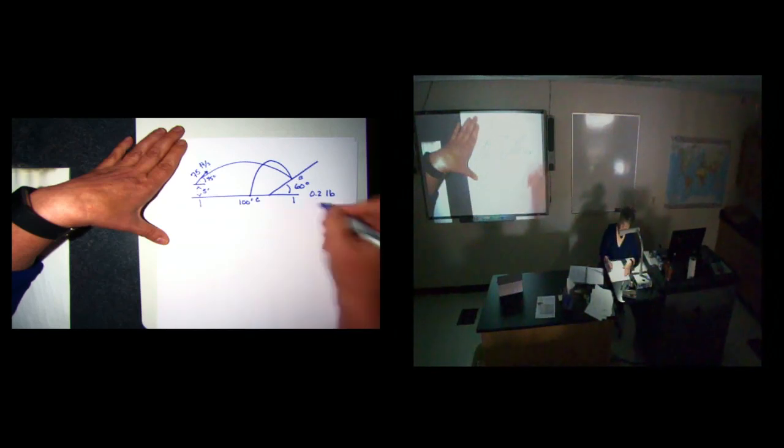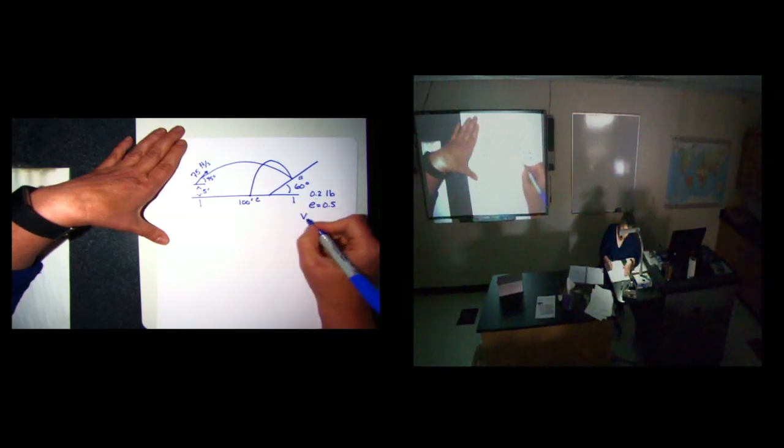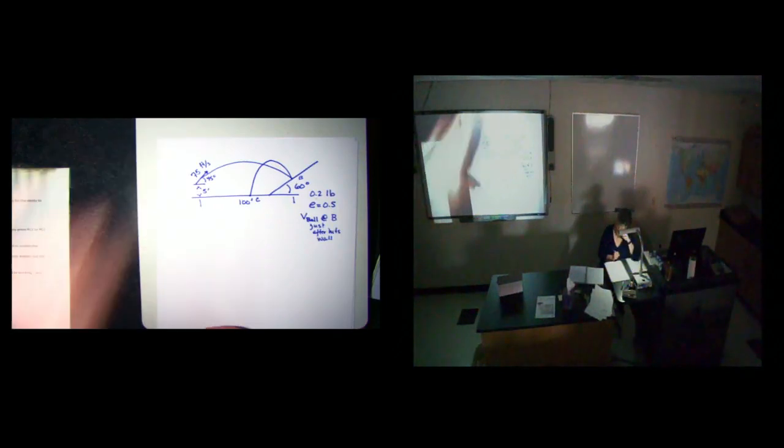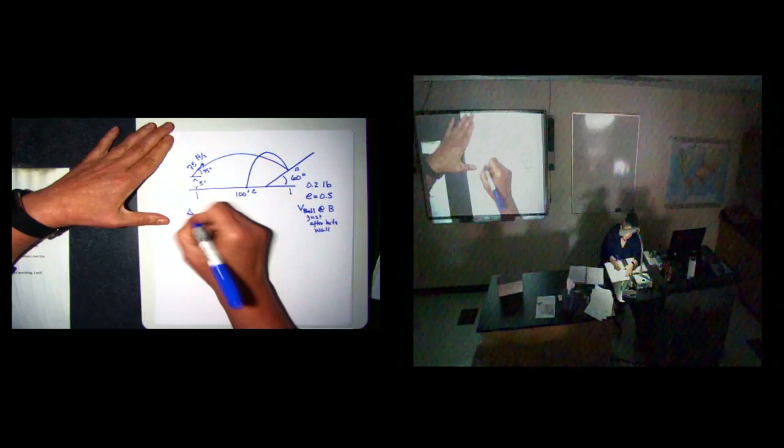So the magnitude of velocity is going to end up being 53.59, and the angle is like 8.244 degrees. And this is the before situation. We're looking for the after situation.